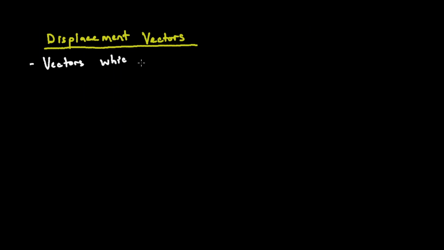When we describe displacement vectors, basically this is the opposite of a position vector, but we don't write it like that. We say these are vectors which do not originate from the origin, which do not start from the origin.